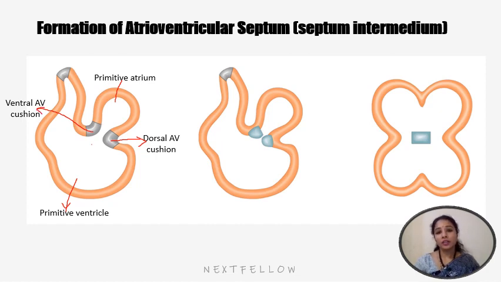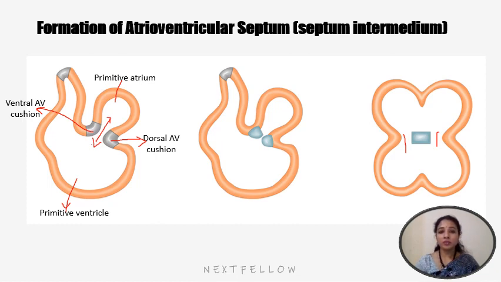The atrioventricular septum divides the atrioventricular canal into right and left halves. So the canal you are seeing here in between, communicating between the atria and ventricles, is divided into right and left parts by these atrioventricular cushions.